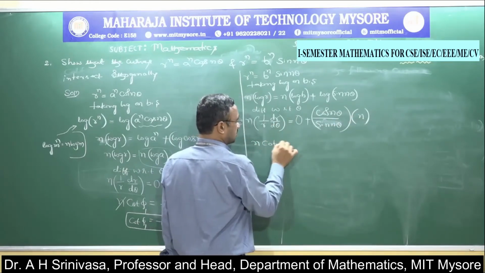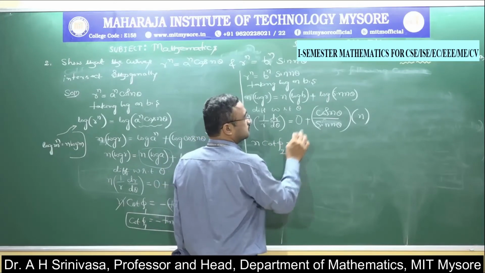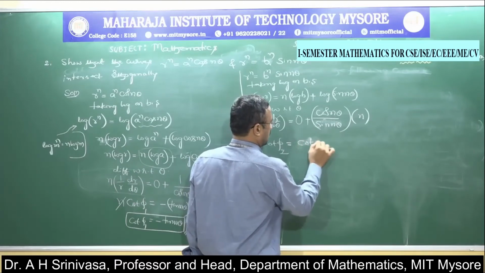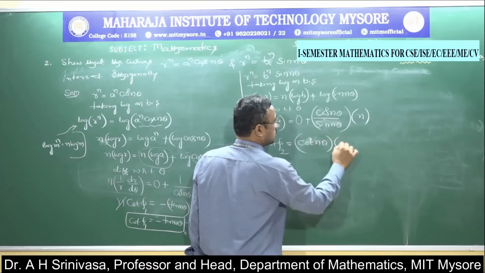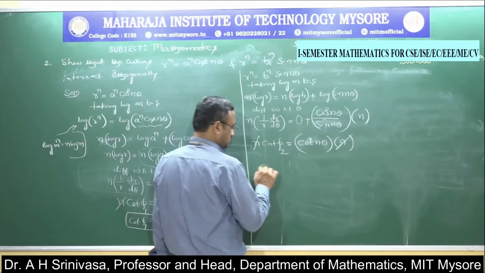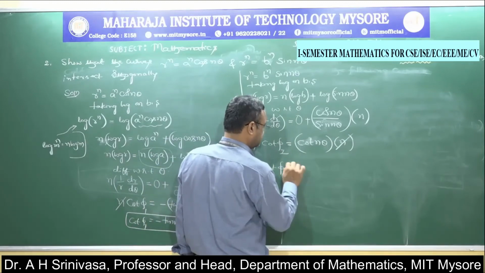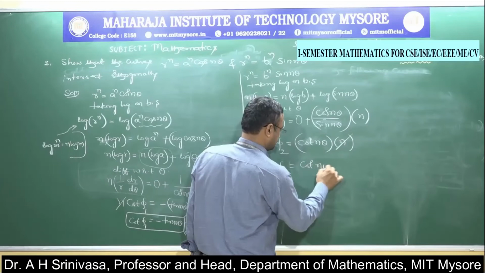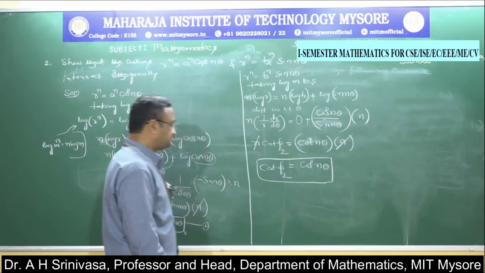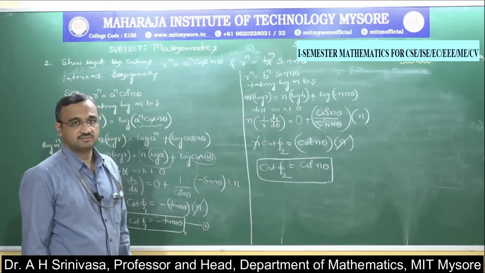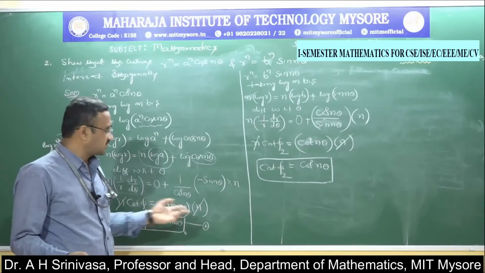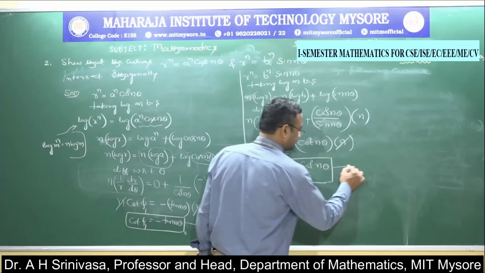Then n into, this one we call cot phi 2, equals cos divided by sine, which is cot n theta, into n. Now cancel both n. Now we got cot phi 2 is cot n theta. Now you know the procedure: if two curves intersect orthogonally, take the product of these two. Call this equation number 2.